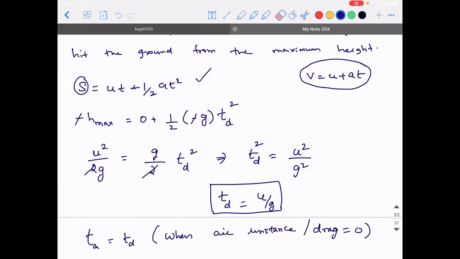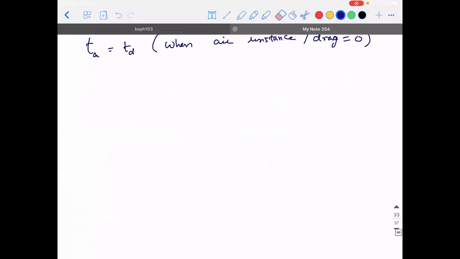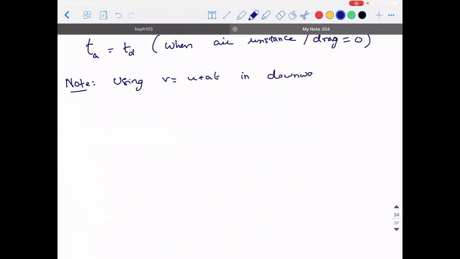Now see what is going to happen. Note, using V is equal to U plus AT in the downward journey, what will happen is V is equal to U, which is 0, plus acceleration, which is minus G, into the time of descent, guys.